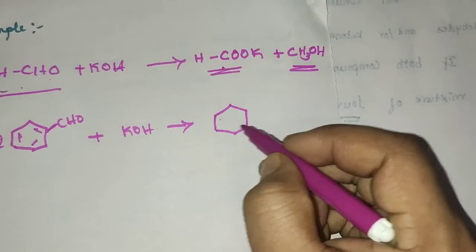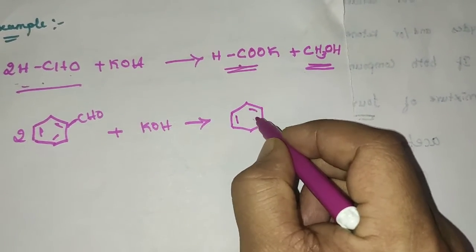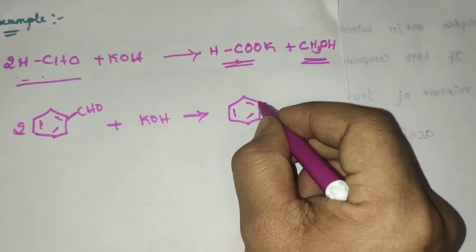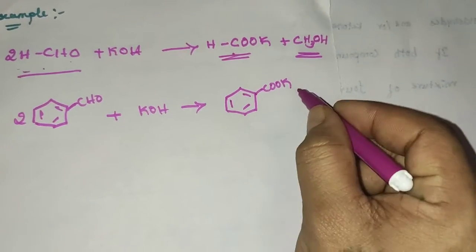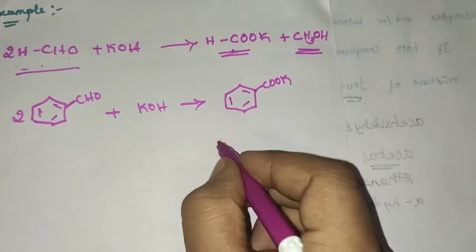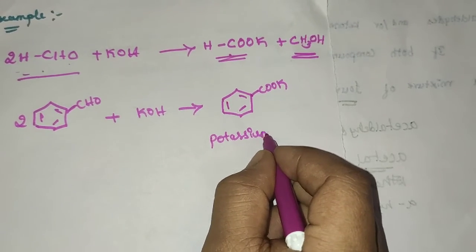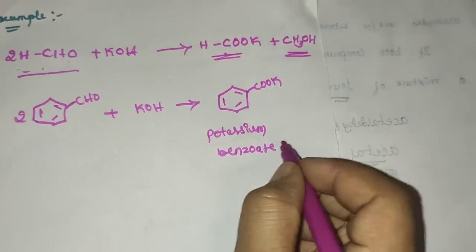So here, salts of acid indicates that the benzene must consist of the potassium salt, so COOK. This is known as potassium benzoate.